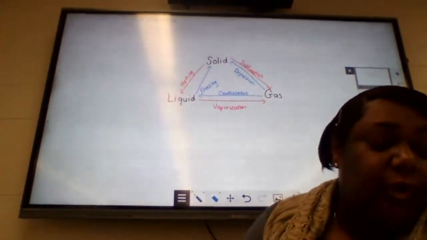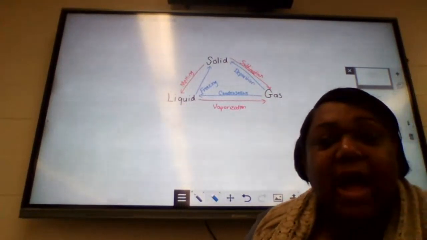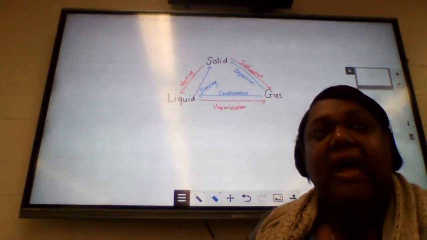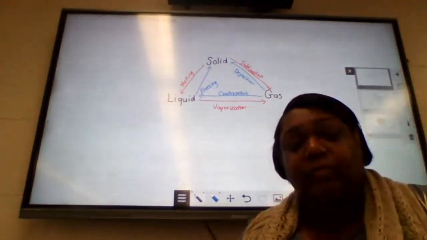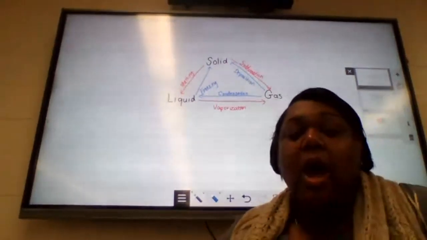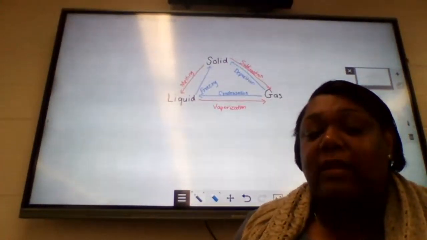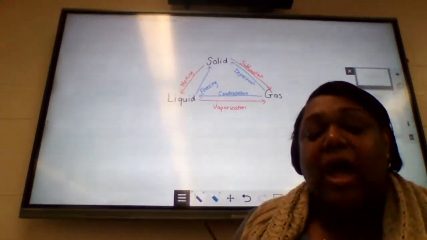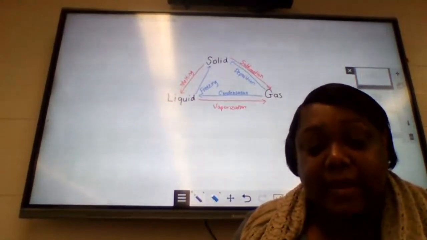Now, examples of where you can see sublimation: if you buy those air fresheners like you buy from Dollar Tree, and they are solid and you pull the top on them to expose the solid, you'll notice that you smell the gas after you pull that top up. That's because that solid has become a gas.